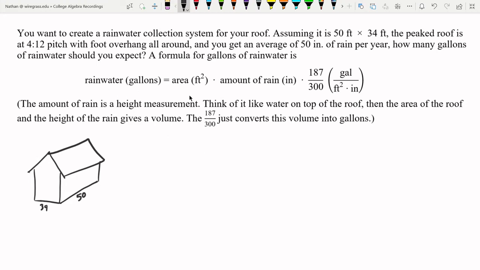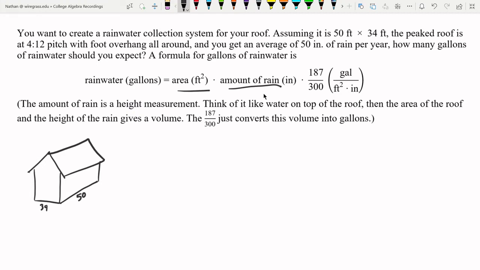The rainwater in gallons is going to be the area of the roof times the amount of rain you get. And the amount of rain you get really is a height measurement. So it's like, if you just have a column of water, how tall it would go up over 1 year.